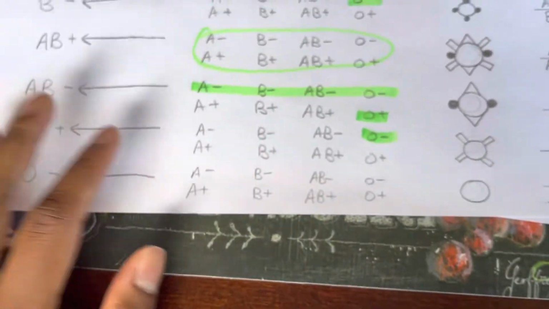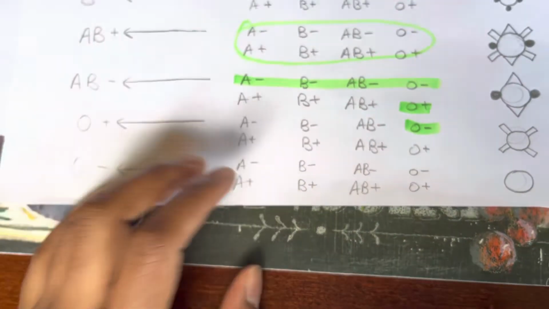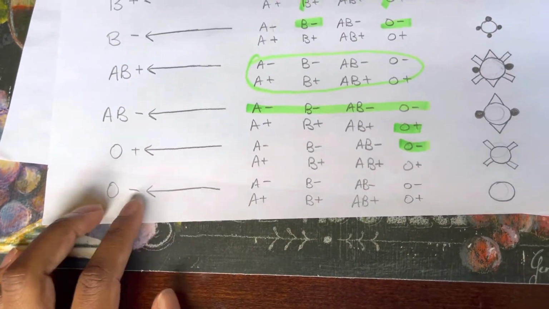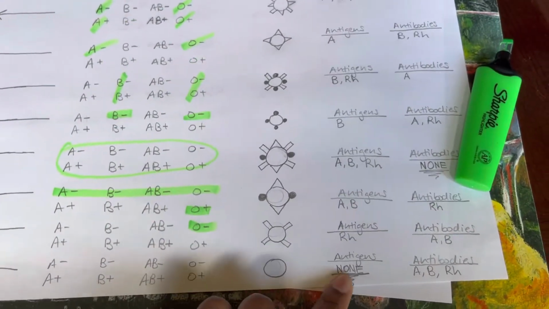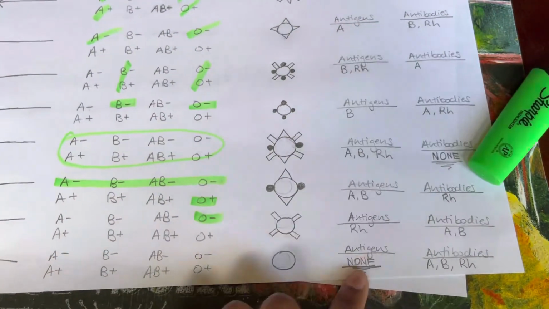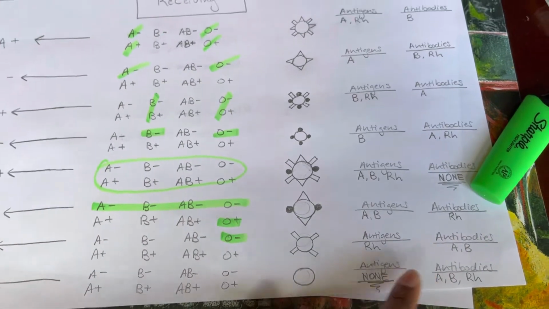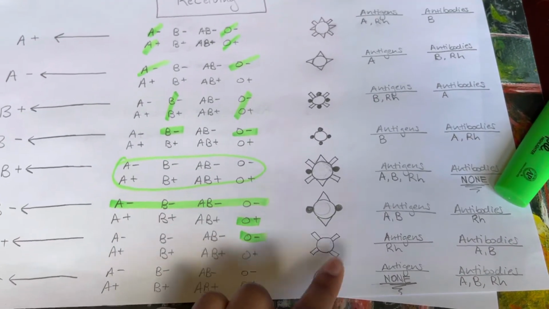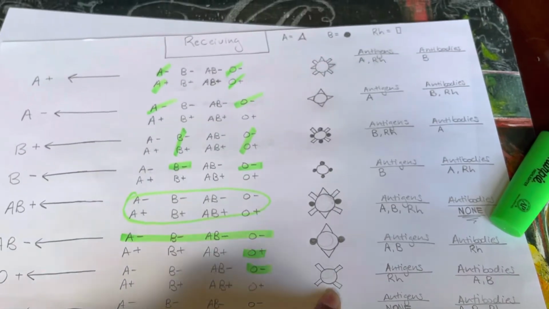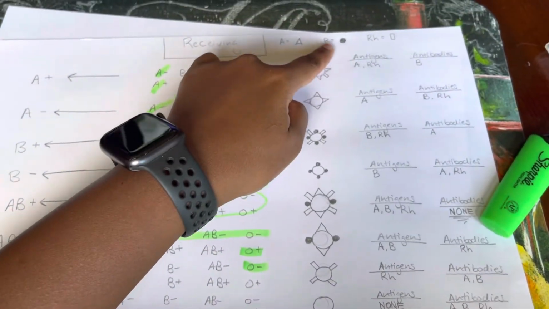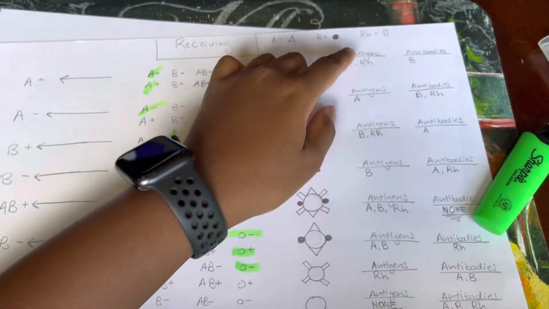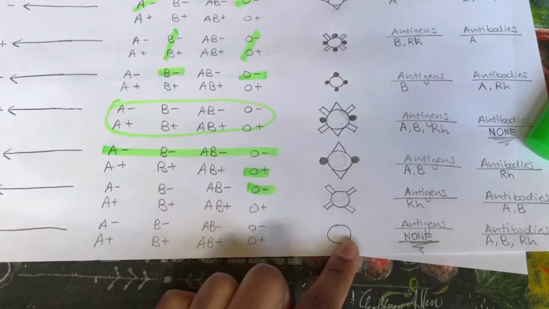All right, and then the last but not least, O negative. All right, so O negative has no antigens, none, all right? But it has a lot of antibodies. That's because since it has O, it's a nice little red blood cell, its surface has no A antigens, no B antigens, nor any RH antigens.